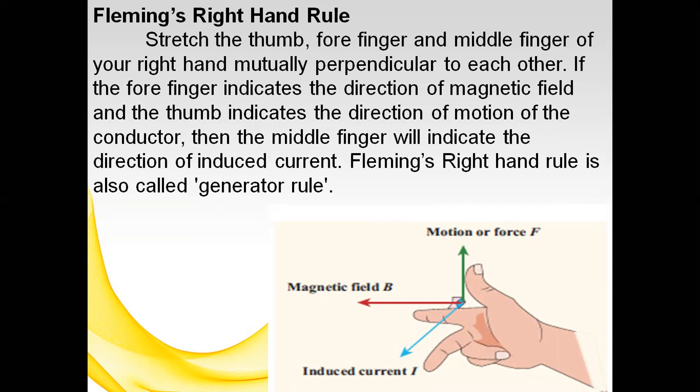The magnetic field and induced current are perpendicular to each other. This is Fleming's right hand rule. It is also called the generator rule.